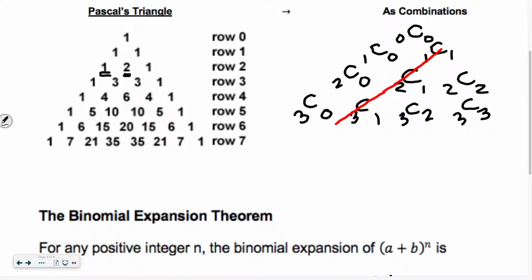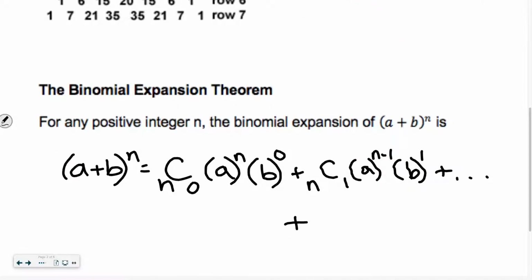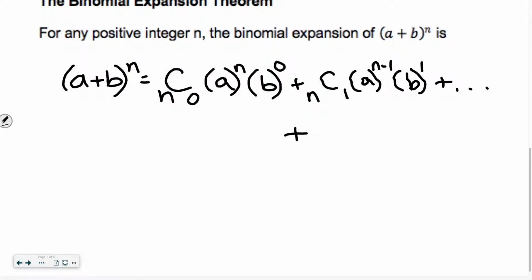The last one is always your total choose that number, right? Like 2 choose 2, 3 choose 3, 4 choose 4. Well, our number that we have is n. So we're going to be ending with a combination of n choose n, which is always 1, right? Like the last number in every row of Pascal's triangle. Your first term will be to its lowest exponent, which is 0. And your second term will be to the highest exponent now, which is n.